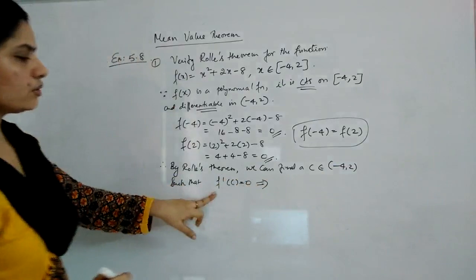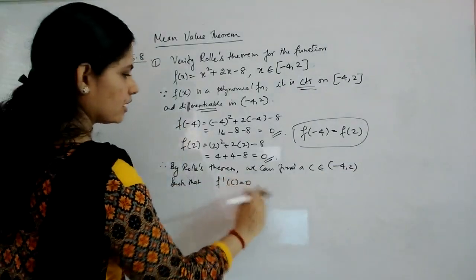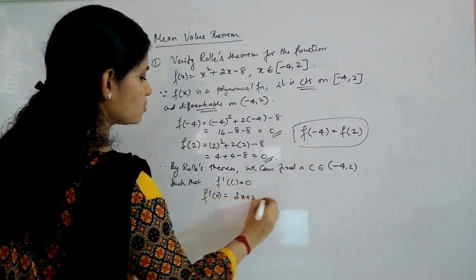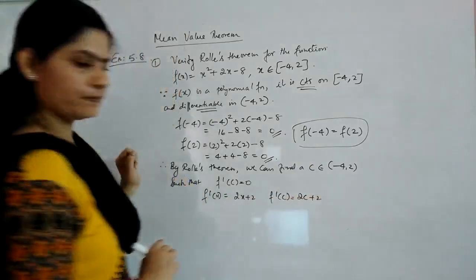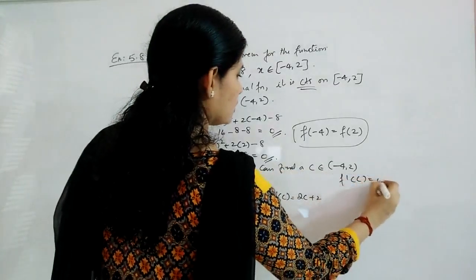Okay, now you have to find out what is f dash of c. F dash of x first we will find out. What is f dash of x? 2x plus 2. So f dash of c will be 2c plus 2.